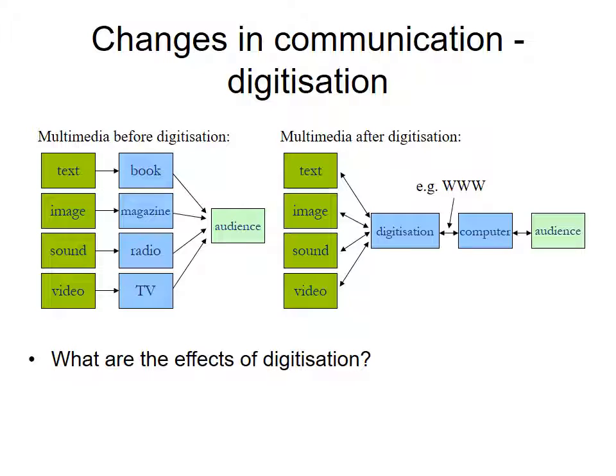So what have been so far the effects of digitization? Well, first of all, there's been a massive shift from mass towards personalized communication. Before, we had very few television channels, for example, we could really choose among very few programs. Now we have millions of, no, millions maybe not, but hundreds for sure, television channels.